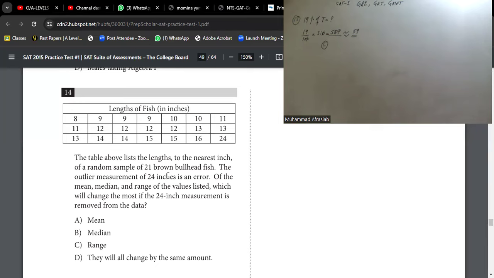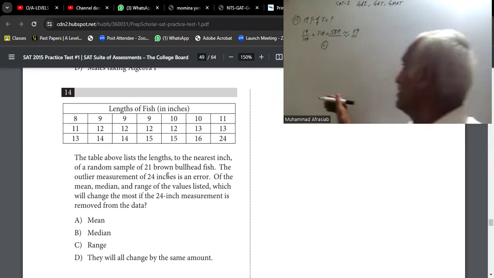Of the mean, median, and range of these values listed, which will change the most if the 24 inches measurement is removed from the data? So there are 21 fishes counted in that. Now we will count one by one, and then we will find out which one is the best when the 24 inches measurement is removed from this data.